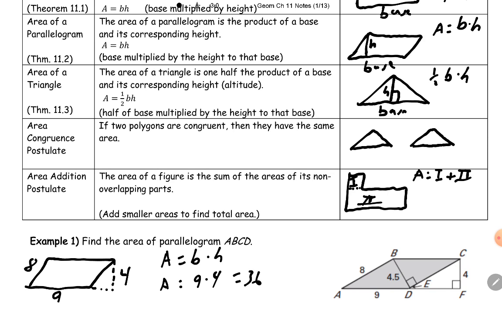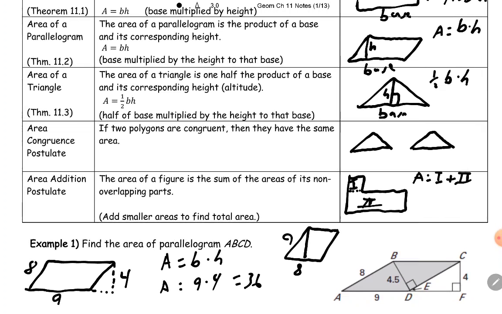But if we flipped it on its side, so that it's sitting on the 8, so we would have something like this. 8, 9, and they tell you that this piece is, wait, is that the 4.5?